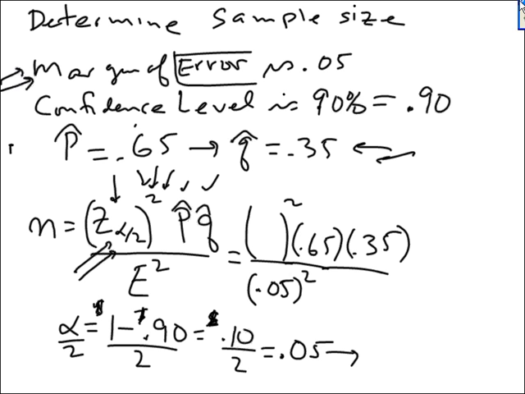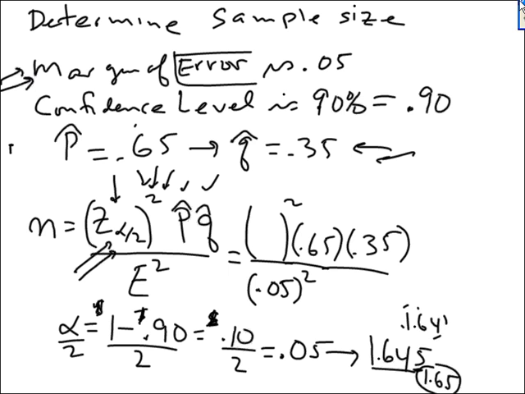But what does that correspond to? The answer is 1.645. This is one of those numbers that is right in between 1.64 and 1.65. So what's in between 1.64 and 1.65? 1.645.